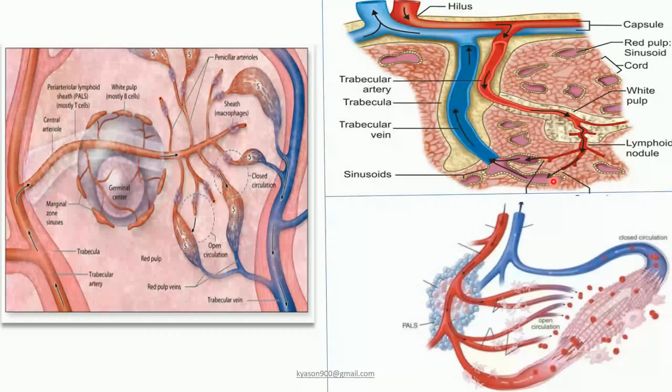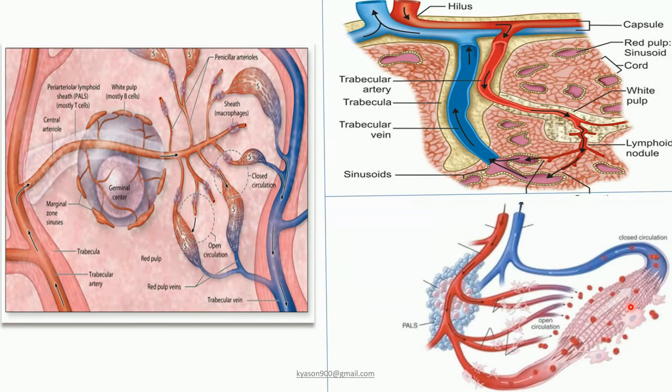It will be stuck in the splenic cords, and it will be destroyed by the macrophages in the splenic cords. That's why we can conclude that the red pulp is the part of the spleen that helps in recycling of red blood cells.